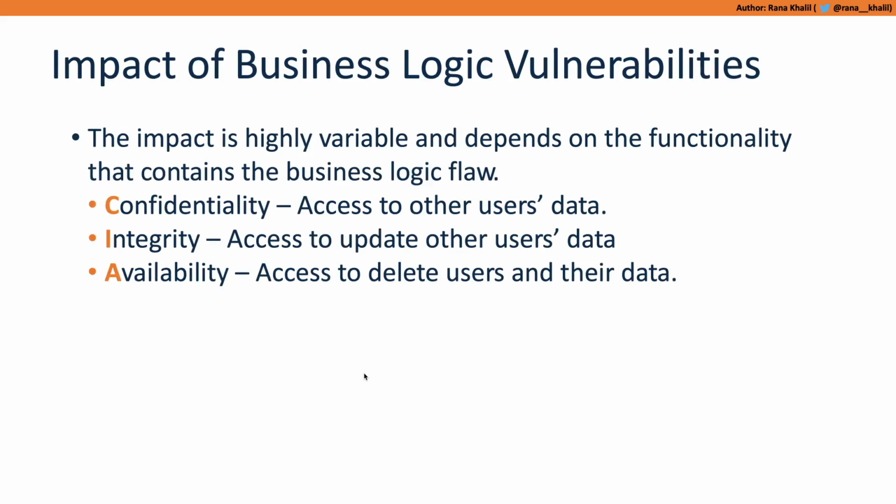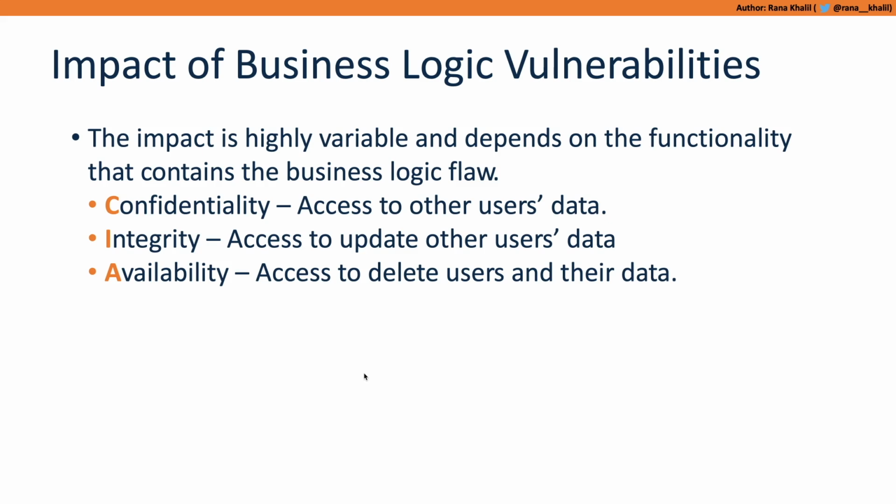Now let's discuss the impact of business logic vulnerabilities. We've touched a bit on that in the previous slides, but as usual, when I discuss impact, I like to measure it in terms of how it impacts the CIA triad, so confidentiality, integrity, and availability. Now, for business logic vulnerabilities, since each vulnerability is unique to the logic of the application, it's difficult to know the impact without actually analyzing each individual vulnerability itself.